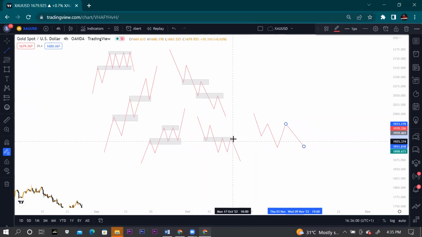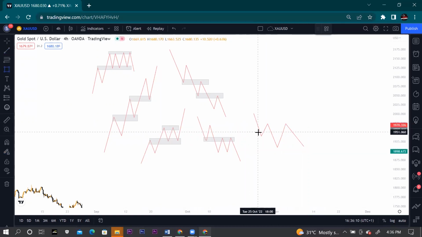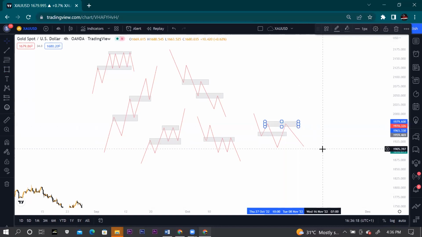Not like this one, which retraced but still failed to break before shooting. This level, it failed to change the low here to resistance before falling. Instead, it went straight up to this level here. So this is another pattern that happens on gold, in a downtrend.